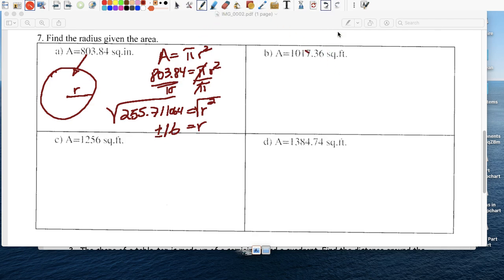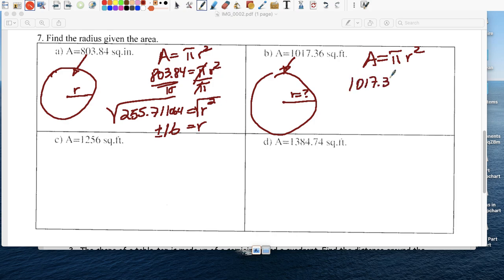Second question, same exact thing, A equals pi r squared. We have a circle whose area is this much, and we want to find the radius, and that's what's missing. The area is 1017.36 equals pi r squared.